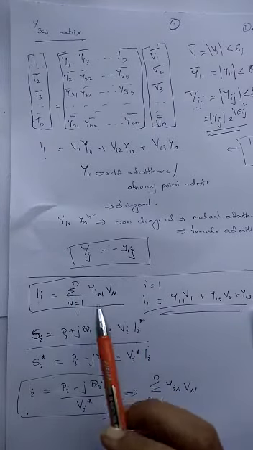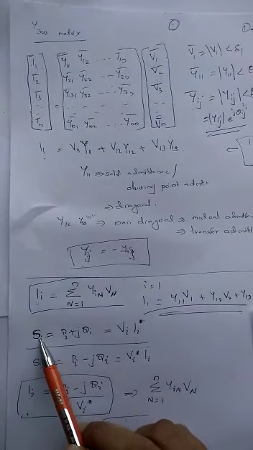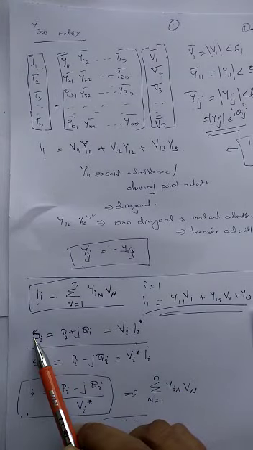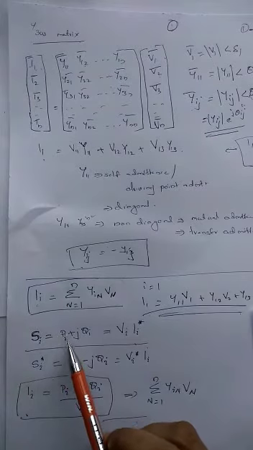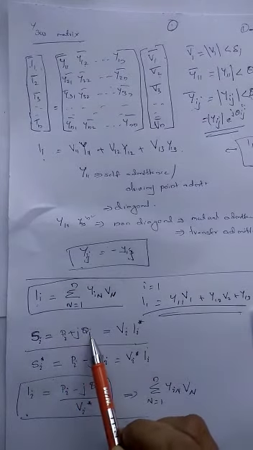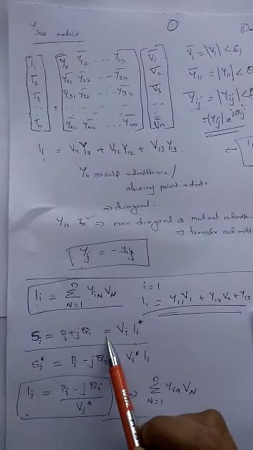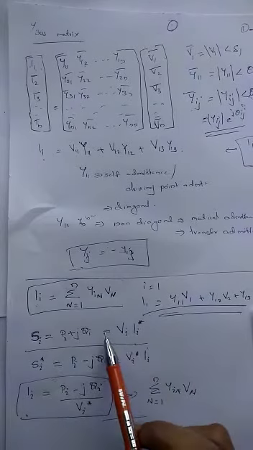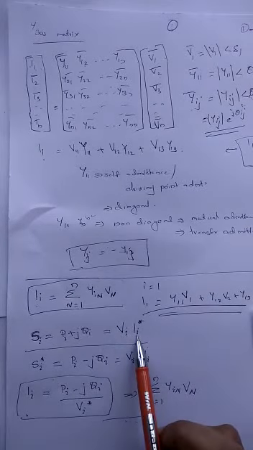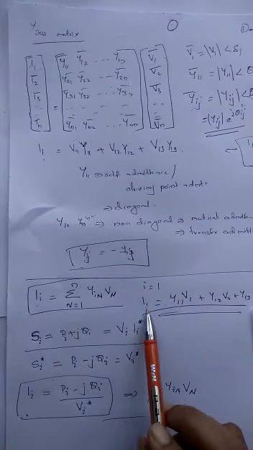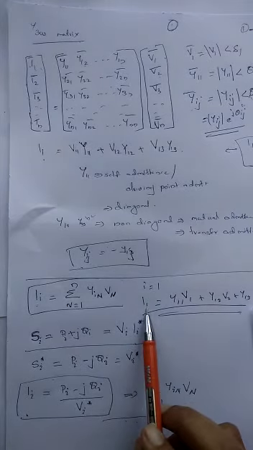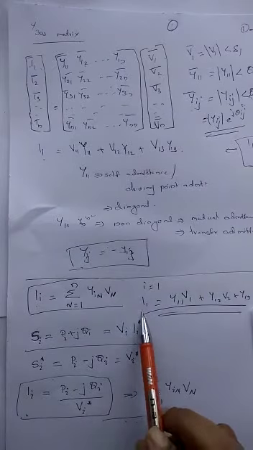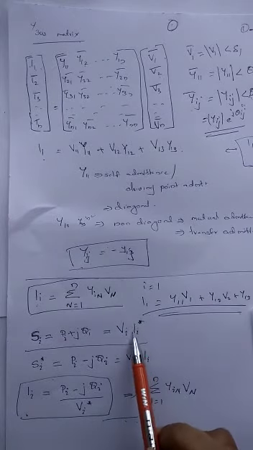We also know the apparent power, which we denote as Si is equal to Pi plus jQi. That can also be written as Vi into Ii conjugate. Here we have the equation of Ii, so instead of Ii conjugate we substitute the equation of Ii.